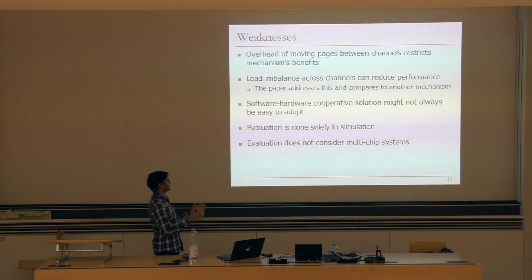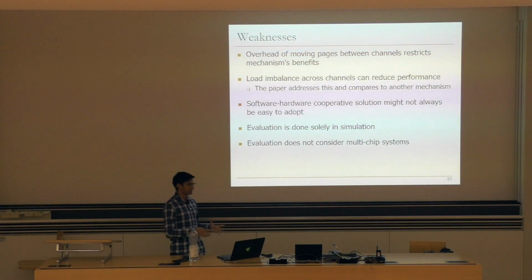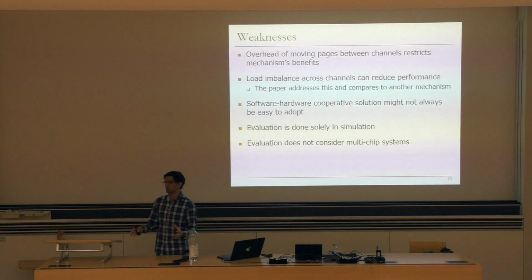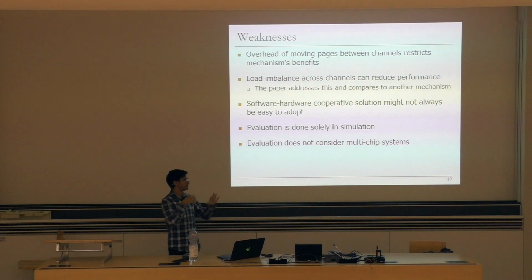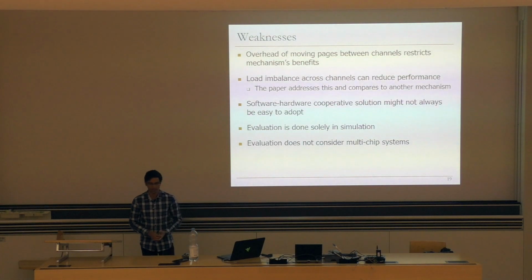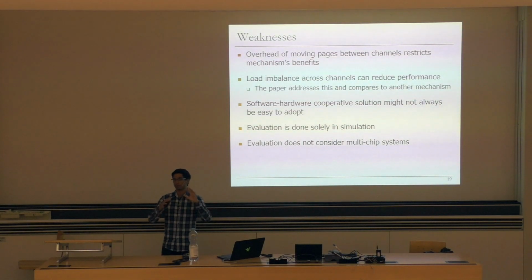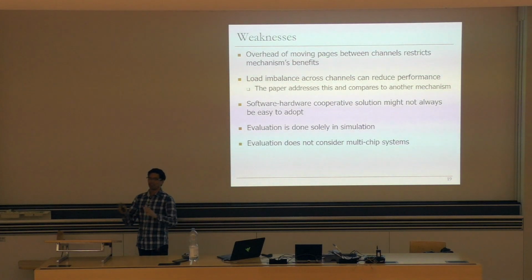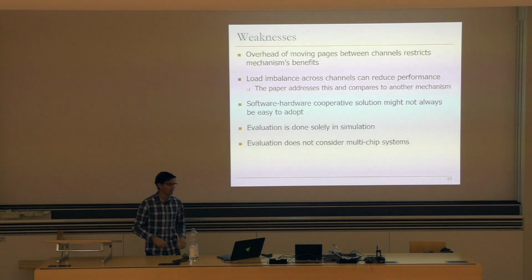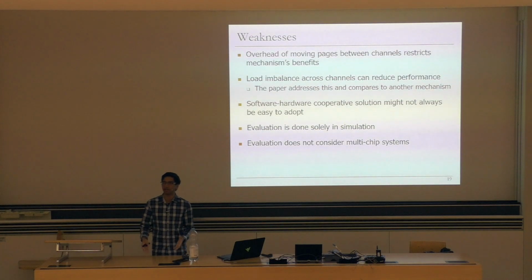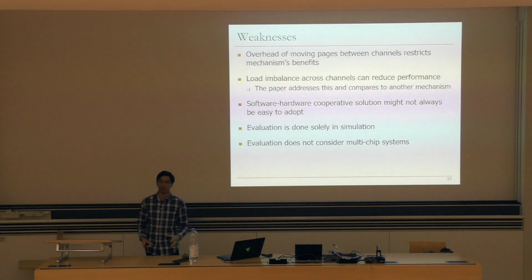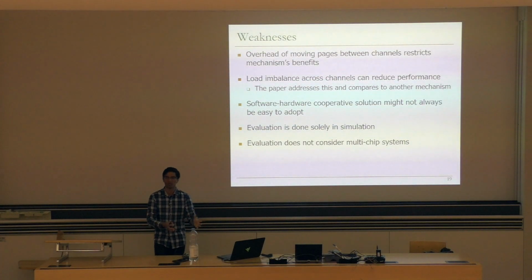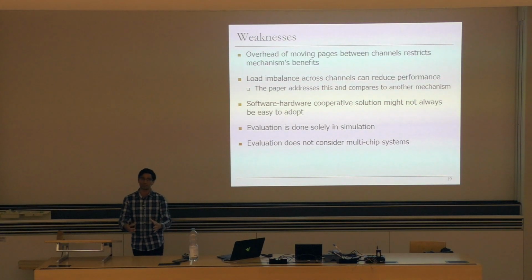The next thing I want to mention is that the evaluation the authors do doesn't actually consider multi-chip systems. In the diagram I showed at the beginning, we have some cores, we have some memory channels, and we try to partition data between them. However, if we think about a system today, we actually have a whole lot more than that. We have some CPU with many cores accessing memory. We might have a graphics processor.